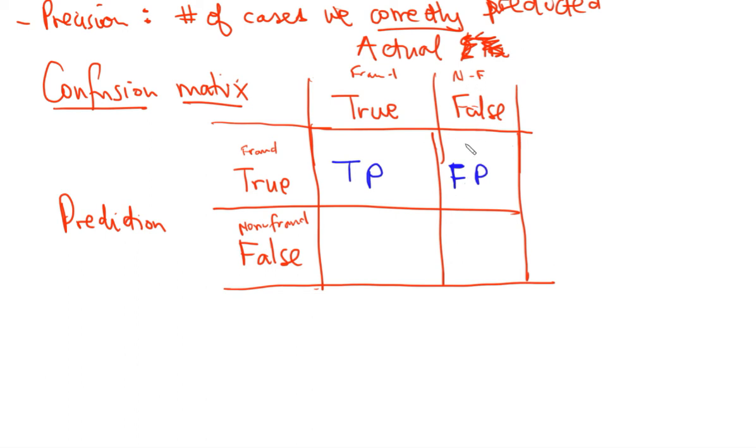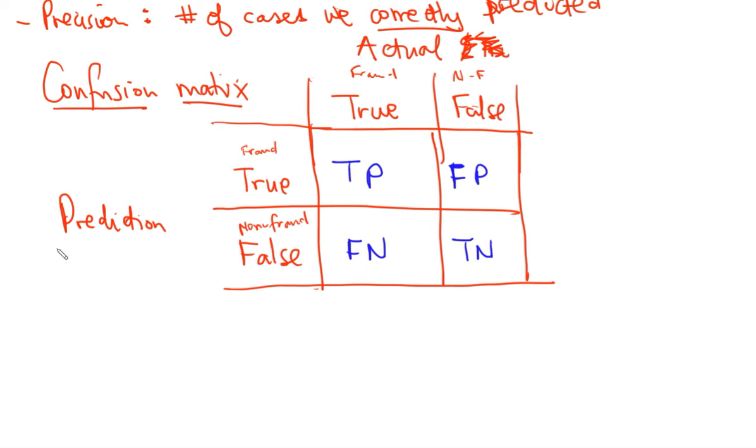And then if we predicted false but it's actually true, which means we have falsely predicted it to be negative. It is actually true, but we have falsely predicted it to be negative. And then here, when it's false, this is a true negative, because we have truly predicted it to be false when it is actually false itself. So that's the confusion matrix that we'll be dealing with to discuss precision and recall.